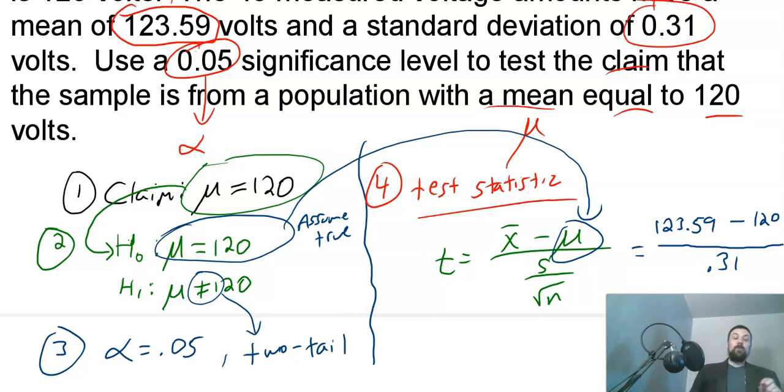Now, if our data values were in the 0.5 range, like 0.5, 0.1, 0.2, then this is kind of a big standard deviation relative to the size of the numbers in our data set. But with our data set having values around 120, having a standard deviation of 0.31 means it's very little variation there.